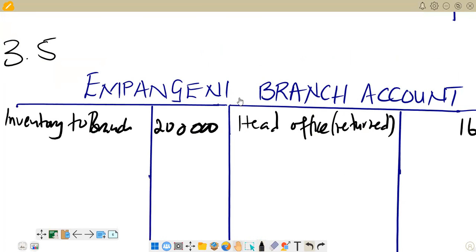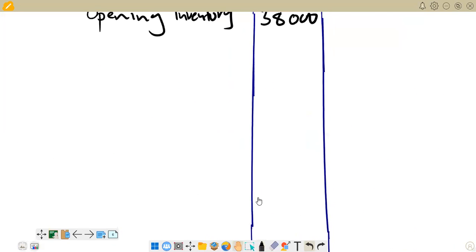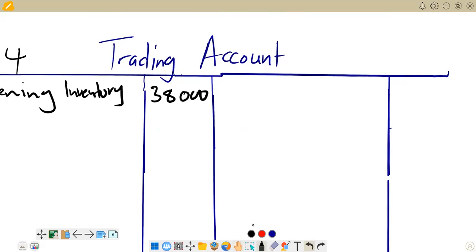Right, so the trading account, we go there. We are saying on the credit side of the trading account, we are here. So we are going to put it here and say sales. Remember, on the sales, we have cash sales plus credit sales. We are saying 520,000 plus 235,000.